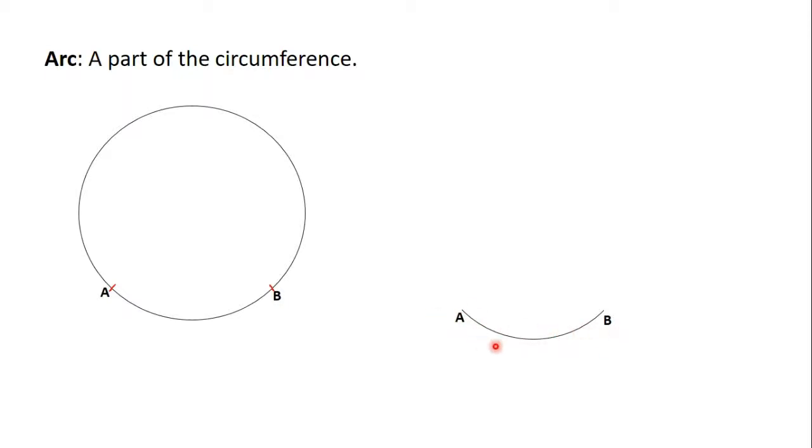This is the smaller part, and we have this bigger part here, AB. So this smaller part here, AB, is called an arc, and this bigger part here, AB, is also called an arc. So any part of the circumference, or if you take a part of the circumference, is called an arc. Because this arc is bigger, it's called a major arc, and because this arc is smaller, it's called a minor arc. So an arc is a part of the circumference.